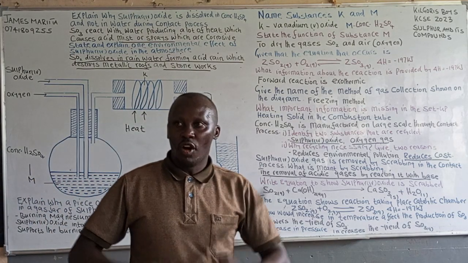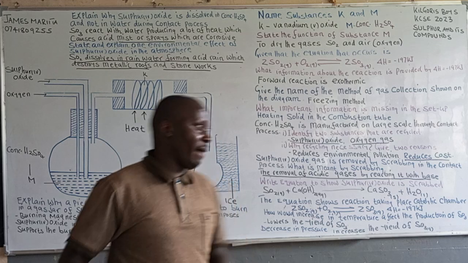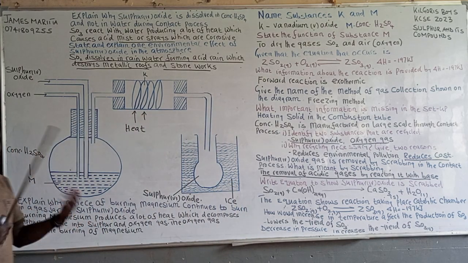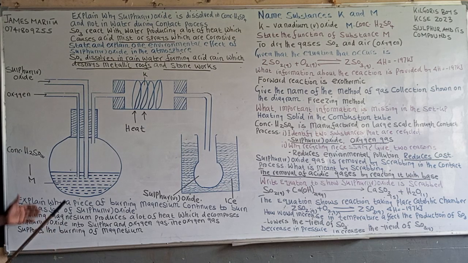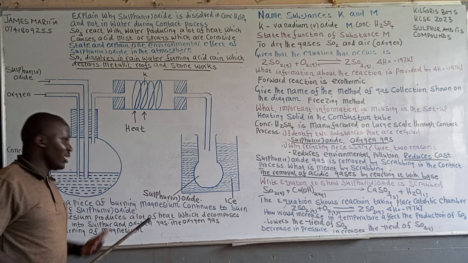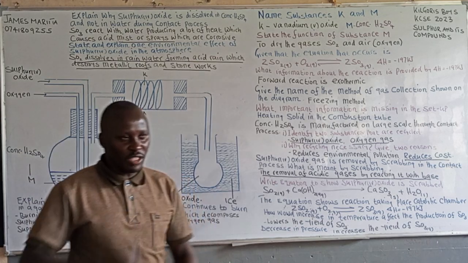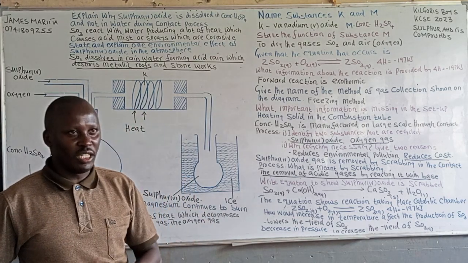And as we know, oxygen supports burning, and that is why the burning magnesium will continue to burn in a gas chamber full of sulfur oxide gas, because during the burning, a lot of heat is generated which decomposes sulfur oxide to sulfur and oxygen.